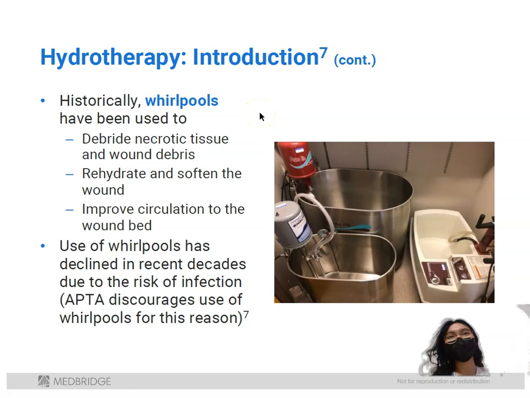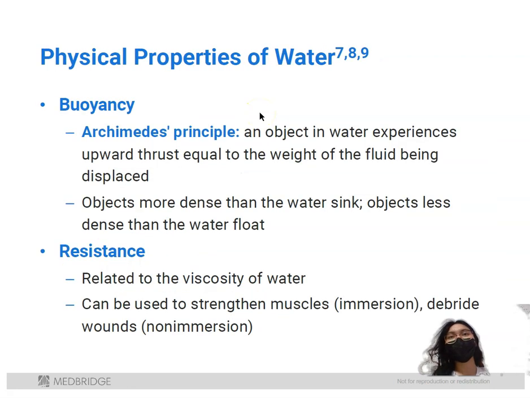Okay? Now, let's talk about the physical properties of water. We actually have 5. Pero dito sa MedBridge, pinag-combine nila yung isang property. So, i-clear out ko na lang siya later on.